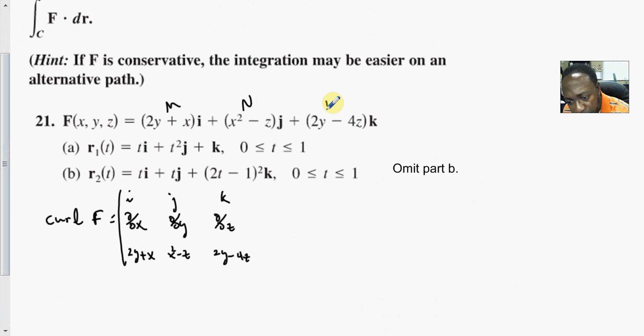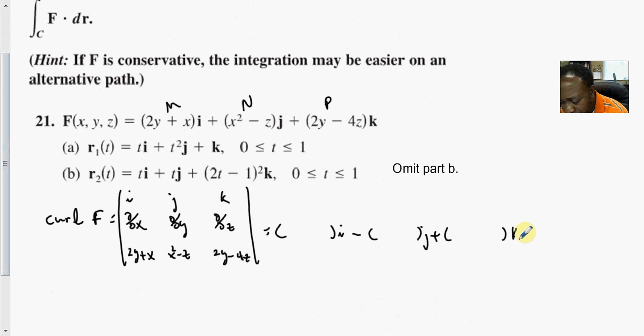M, N, and P. So we delete the i-th row and column, so it's the partial of this term with respect to y. That's 2 minus the partial of this term with respect to z. This is minus 1, so this is minus a minus 1, which is plus 1.